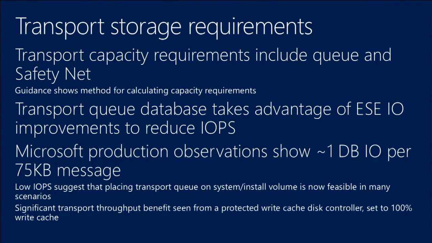The key thing to remember here is that we recommend deploying with a protected write cache disk controller. That means like a battery-backed disk controller or something with flash memory on it, so that if you have a power outage, you're not going to lose cache. If you do that, the vast majority of the I/O that's running through that system is effectively free.